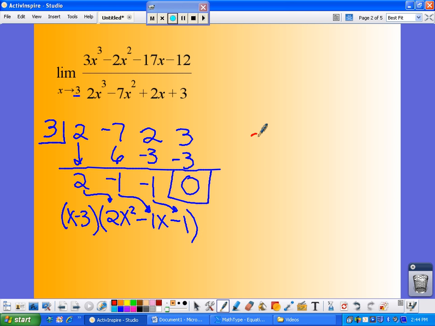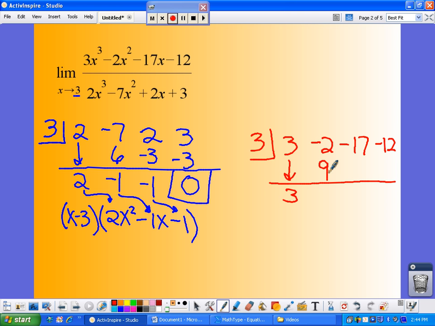So I have 3 for the numerator, and I'm going to plug it into 3x cubed minus 2x squared minus 17x minus 12. Let's see what we get. So, drop in my first 3 there. 3 times 3 is 9. Add them together and I get 7. 3 times 7 is 21.